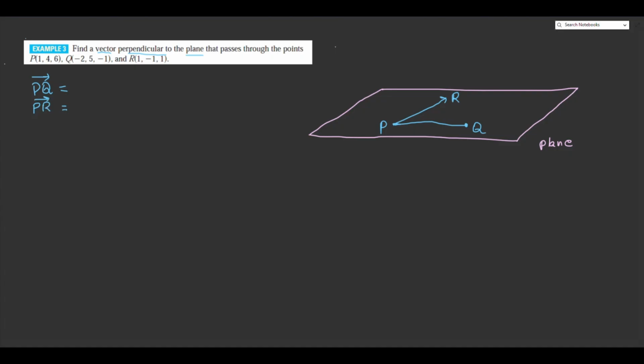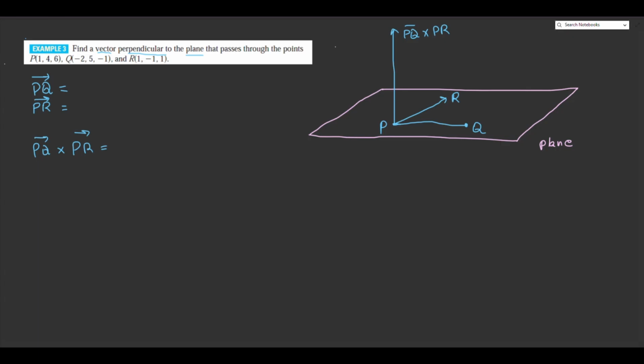After finding these two vectors, you have to find the cross product PQ cross PR, and that vector will be perpendicular to this plane. So that's how you need to solve this problem.